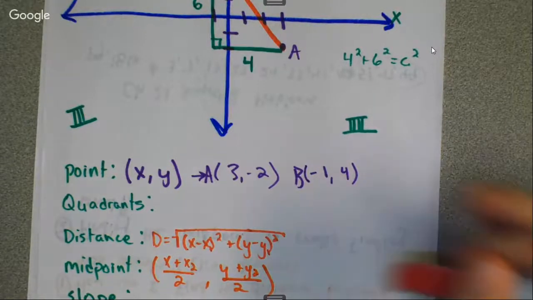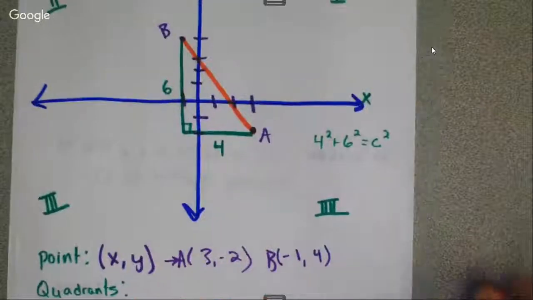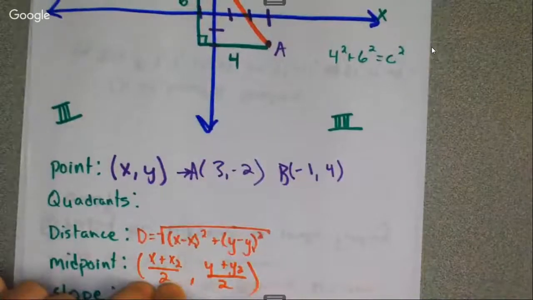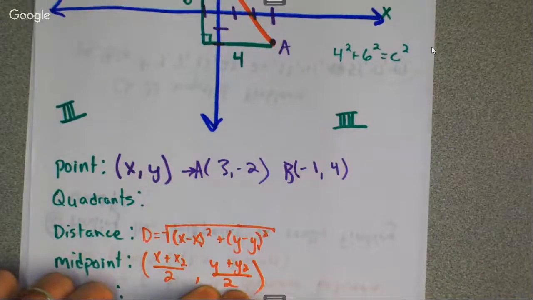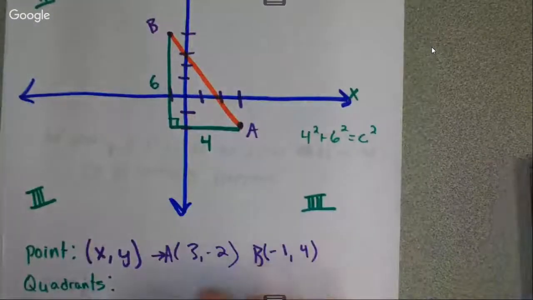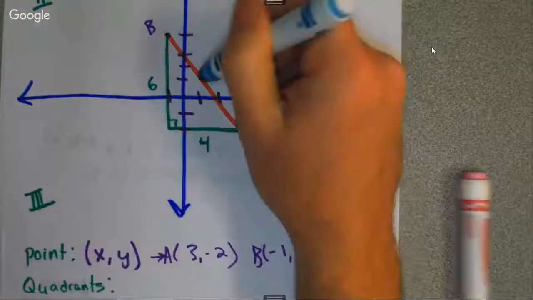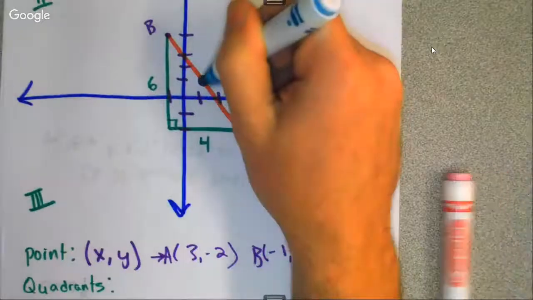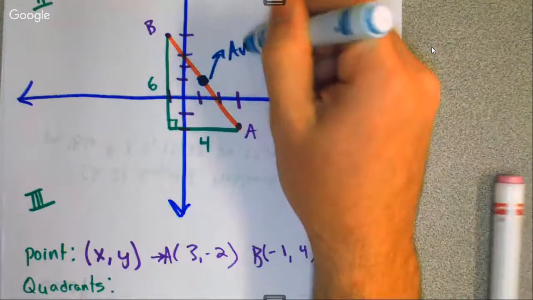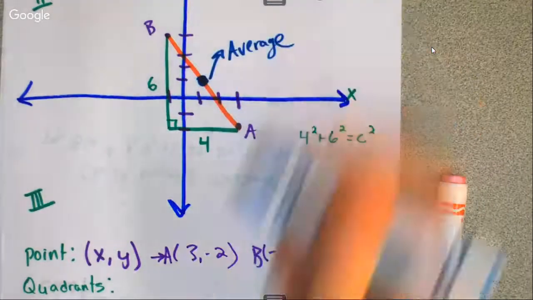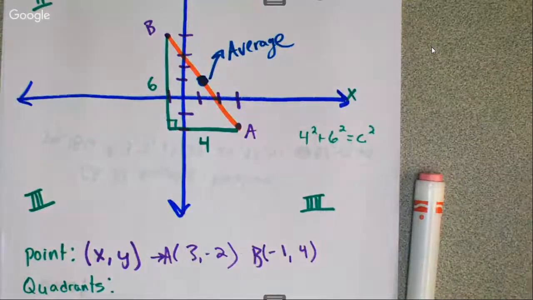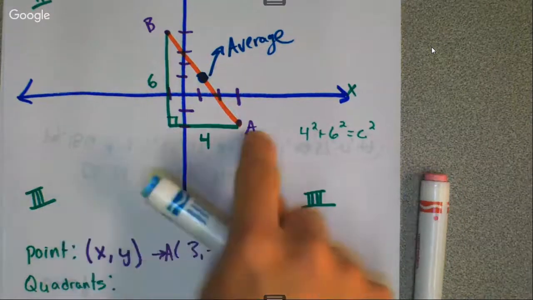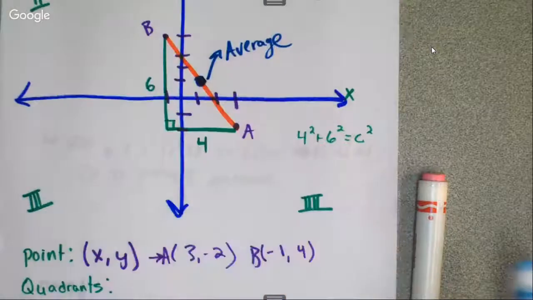Notice I had 2 points, I divided by 2, I had 2 numbers, I divided by 2. So the midpoint here is actually the average between your 2 points. It's the average of your x's, it's the average of your y's.